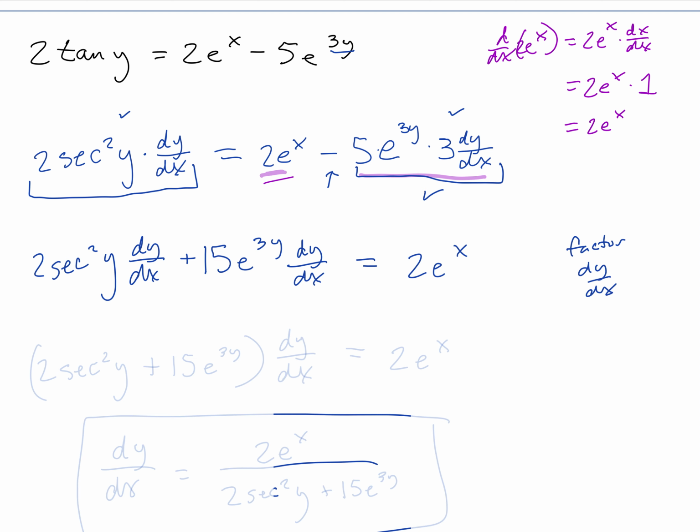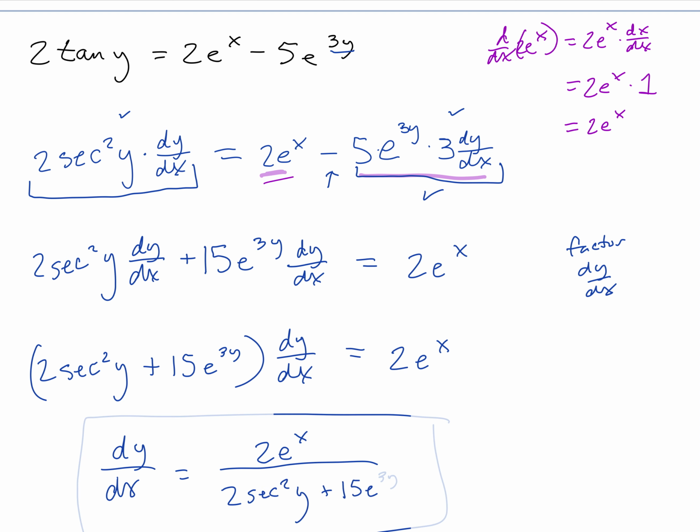And so we'll have 2 secant squared y plus 15e to the 3y, multiplied by dy/dx, is equal to 2e to the x. And last step, divide both sides by the multiple of dy/dx. dy/dx is equal to 2e to the x divided by 2 secant squared y plus 15e to the 3y. And that is our solution.